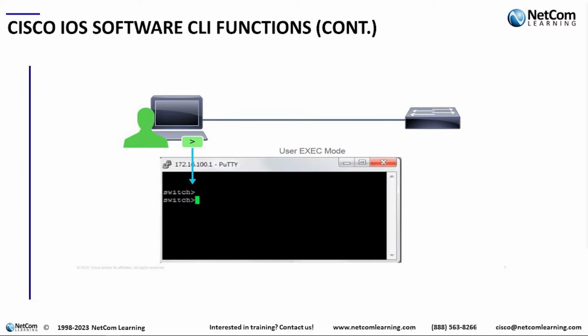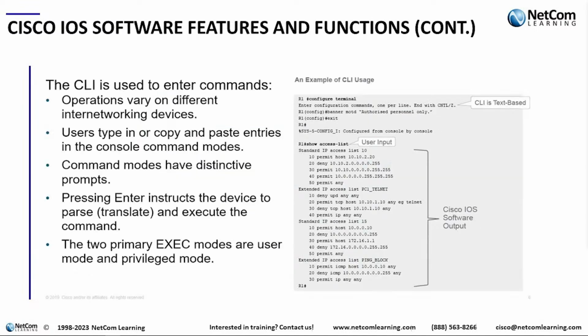Interface specific config commands are available when you switch to the interface configuration level. And you'll also notice that your prompt will change as well, depending on where you're actually located. There are actually over 100 modes, but typically the more popular modes are user exec mode, privileged mode, global config mode, ROM monitor mode, and setup mode.